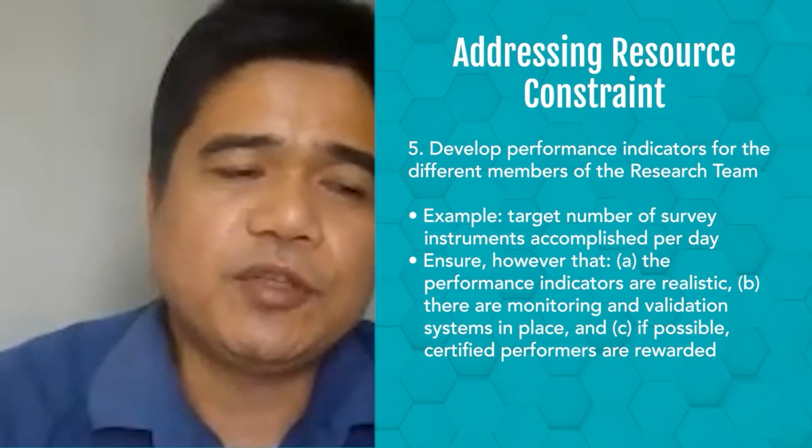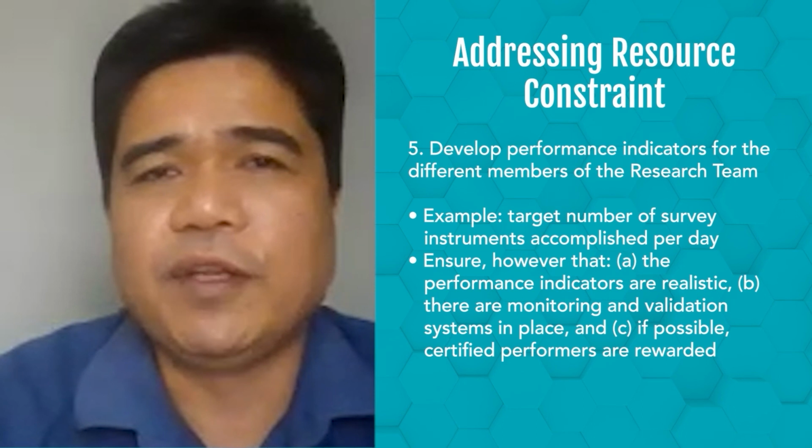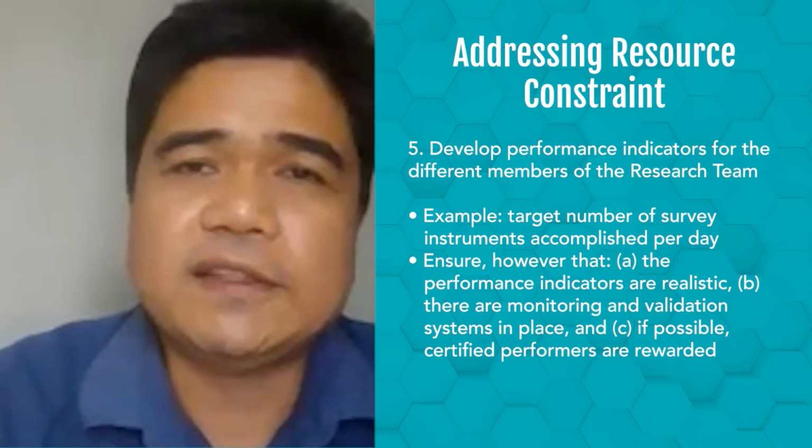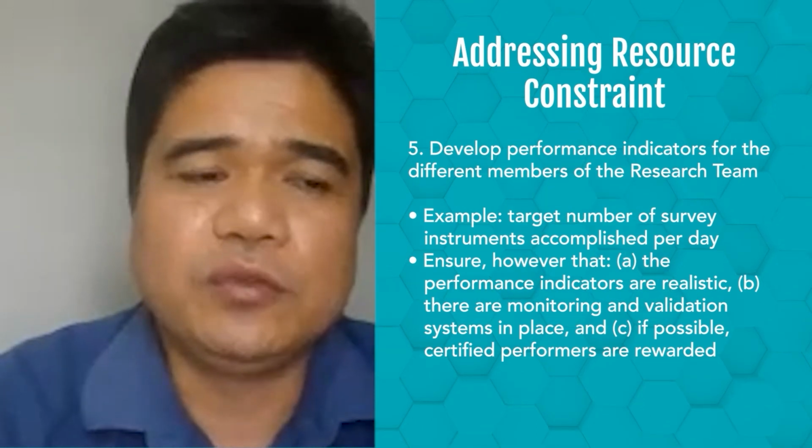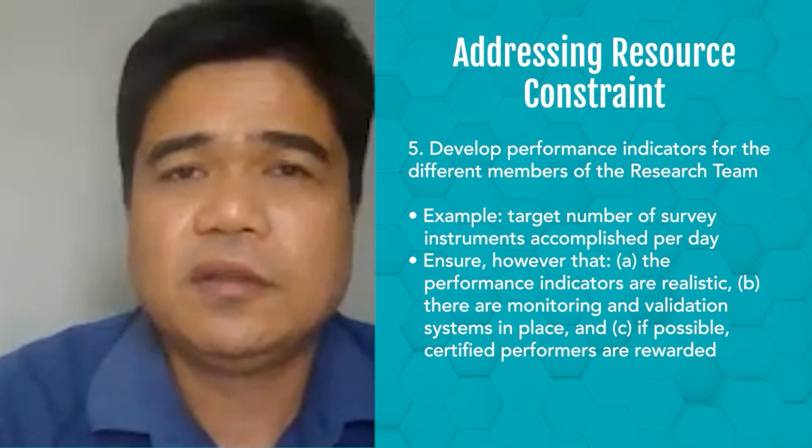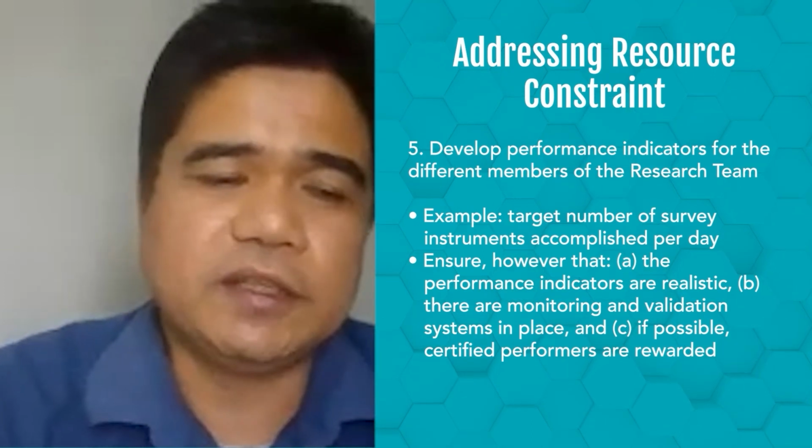But with data capturing device, in some areas, the average could be 12. In Naga City and Camarines Sur, with the use of smartphones and tablets, some were able to gather as many as 25.